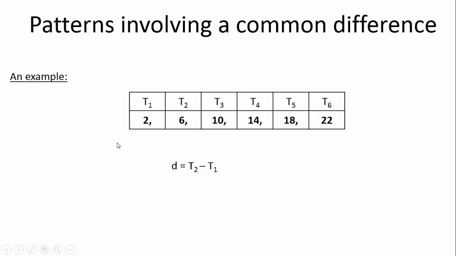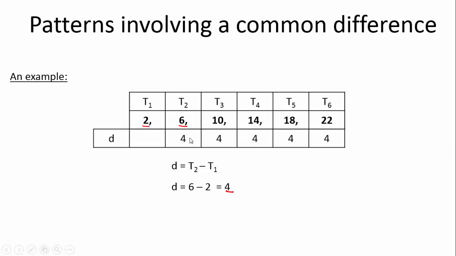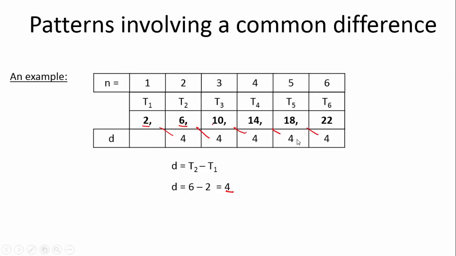So the difference is term 2 minus term 1, and that is 6 minus 2, which is equal to 4. And that is the same because 10 minus 6 is 4, 14 minus 10 is 4, 18 minus 14 is 4, 22 minus 18 is 4. So the difference between each of these terms is 4, and that is the common difference.